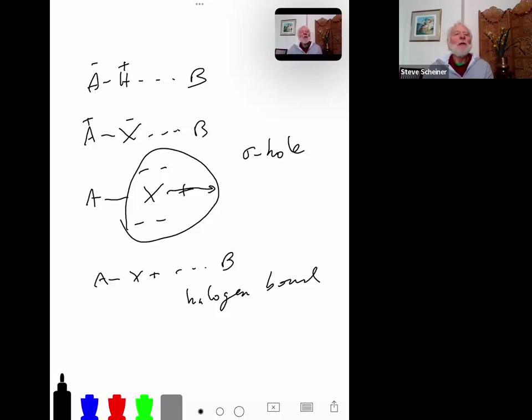This is called a halogen bond, a term which is becoming increasingly prevalent in the literature. So without going into much detail, because you guys are interested in hydrogen bonds, I just want you to be aware that the hydrogen bond has a lot of cousins, one of which is called the halogen bond, and its characteristics are very similar to the hydrogen bond.